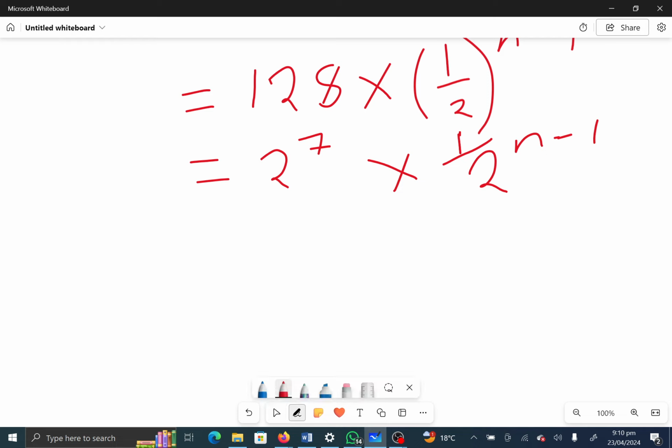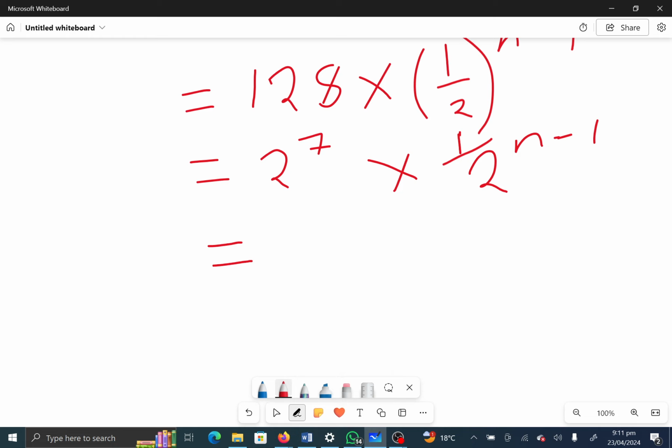Then we simplify further. We are going to go by the rule of indices. The rule of indices is that if we have common bases, we actually subtract the powers if there is a division in between.